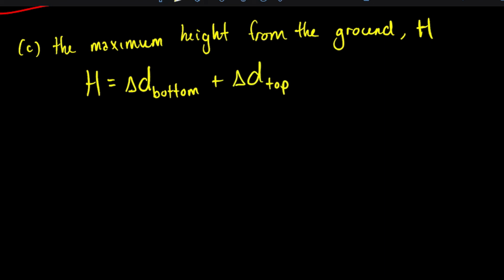Notice that these are scalar values, there are no vectors to them, because we're measuring the length. The distance from the bottom to the hand they gave to us is 32 meters. So the thing we're looking for now is the distance from the hand to the maximum height, delta D top. Let's go back to our diagram and try to figure this out.